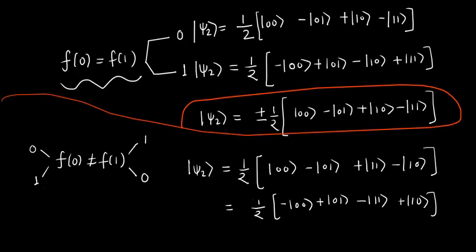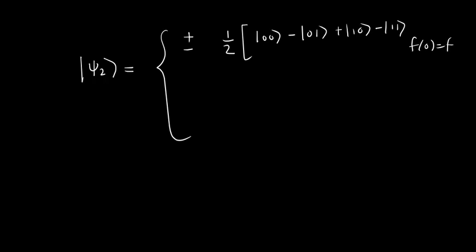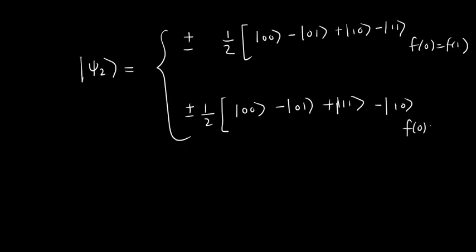So now we can write that when f0 is equal to f1, and when f0 is not equal to f1, right? So this covers all the possible scenarios.